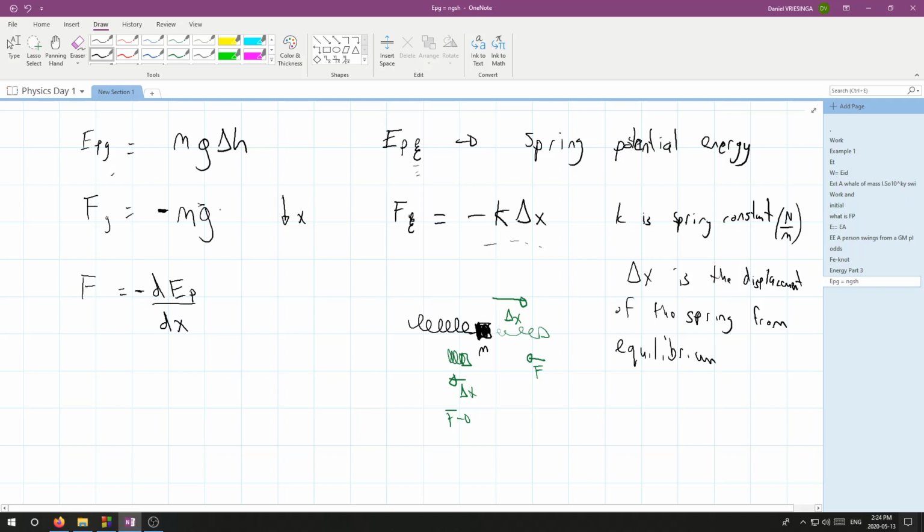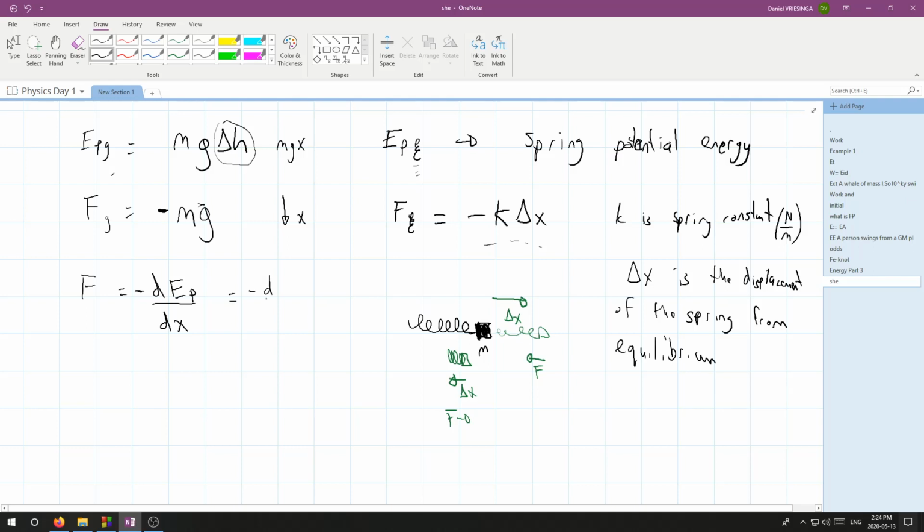Okay, so if I consider that this variable, the change in height, is actually just the variable x, so if this is mgx, let's just make sure this works out. If I take the derivative of a constant times a constant times x, what am I left with?